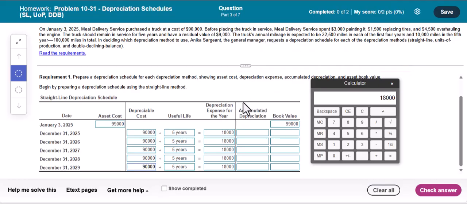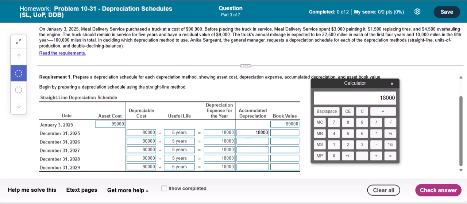So let's next look at the accumulated depreciation for that year ending 2025. So how much depreciation have we had so far? Just this 18,000 here. So each year we have another $18,000, and so this is just the running balance of the depreciation altogether. So first year is 18,000.